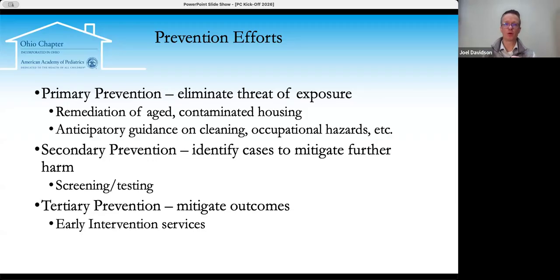And really in that realm, the evidence points to directing kids towards early intervention services, getting them the support they need, despite this irreversible damage that's been done related to the environmental exposure of lead, getting them into services that are going to help improve their future. Okay, we can go to the next slide.